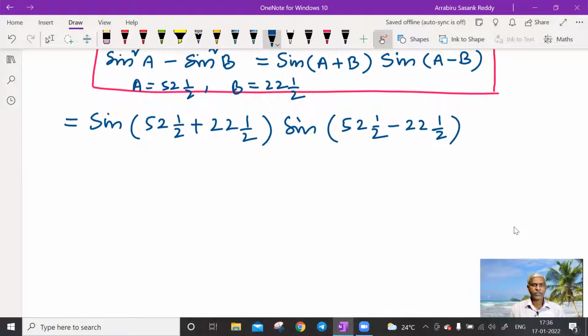Adding, 52.5 plus 22.5 is 75, so this is sine 75 degrees, and 52.5 minus 22.5 is 30, so sine 30 degrees.